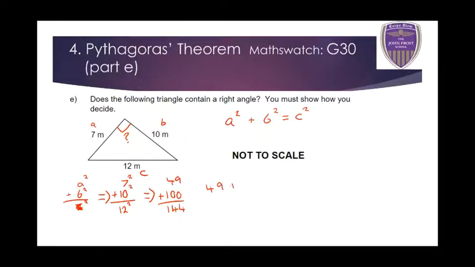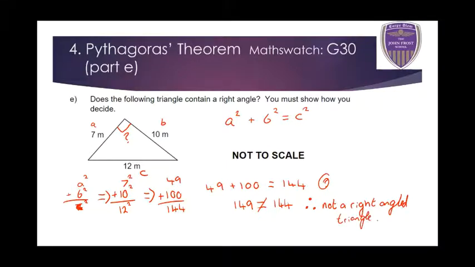So 49 plus 100, does it equal 144? 49 plus 100 is 149, which does not equal 144. Okay, so therefore not a right angle triangle. Because A squared plus B squared didn't equal C squared, we can confirm that this is not a right angled triangle. Okay, so that's how you would prove if a triangle is or isn't right angled.